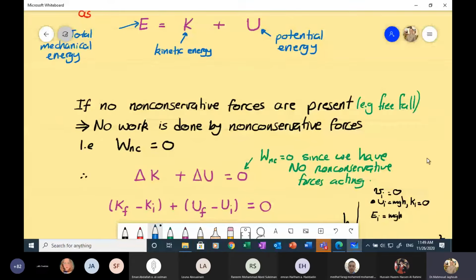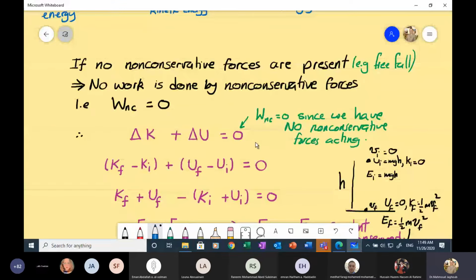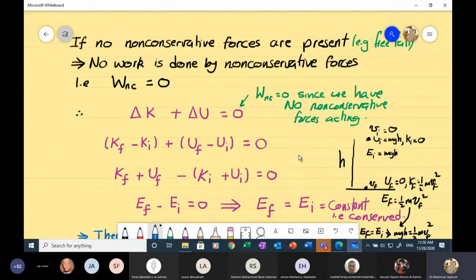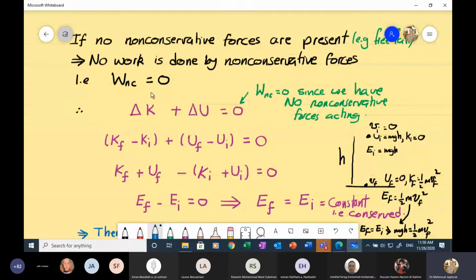Therefore, if you don't have work done by non-conservative forces, delta K plus delta U equals W non-conservative, but W non-conservative equals zero. So what does this mean? It means that if only conservative forces act, the change in kinetic energy plus the change in potential energy equals zero.